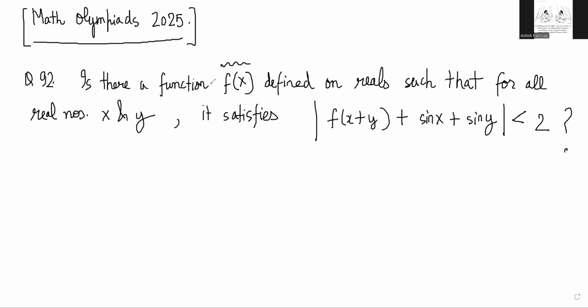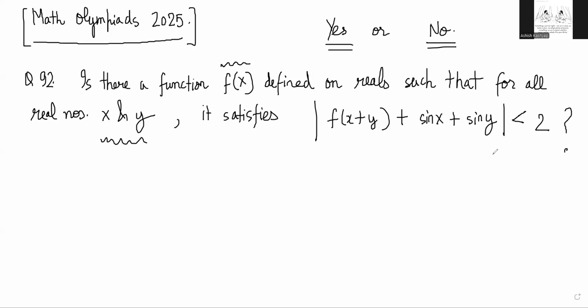If you don't know what f of x is, then basically the question is asking a yes or no question. Is there a function like this, where for every real number x and y it will always satisfy this?